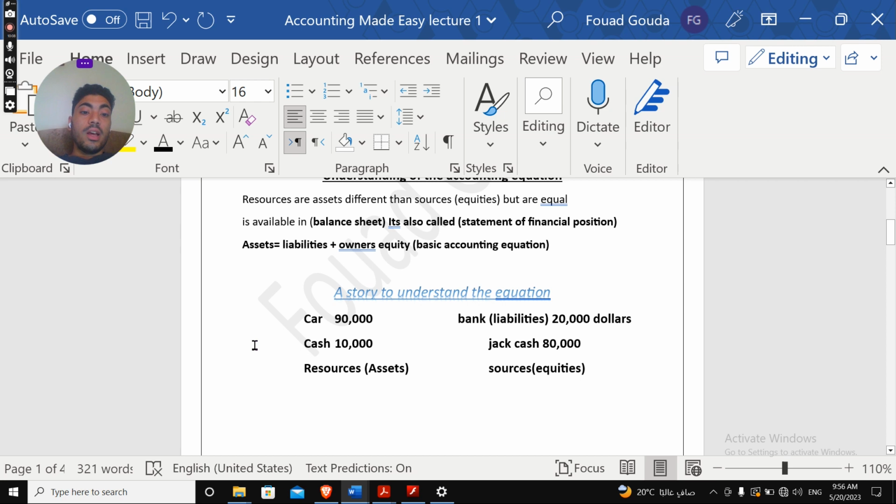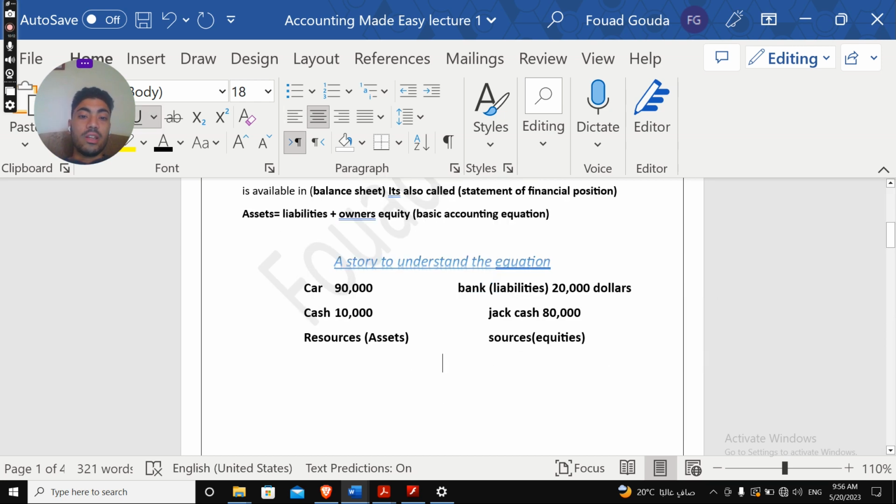So now let's dig inside more. We have resources and we have sources. What are the sources of Jack? The source of Jack is the $80,000 that he had in the first place.